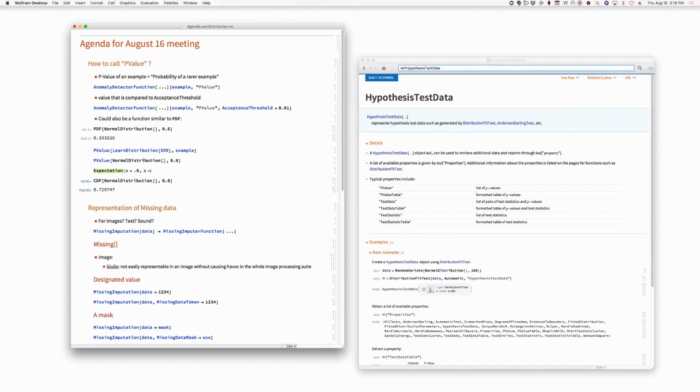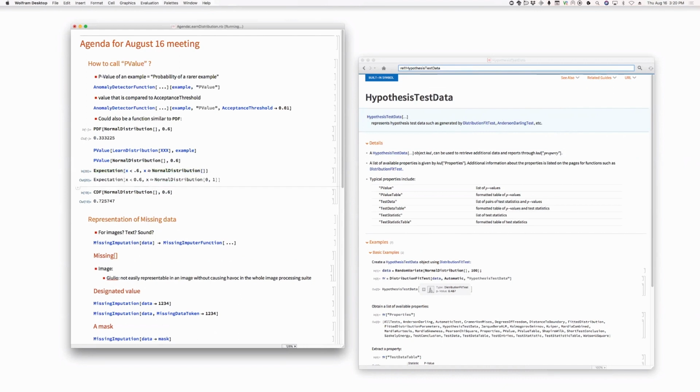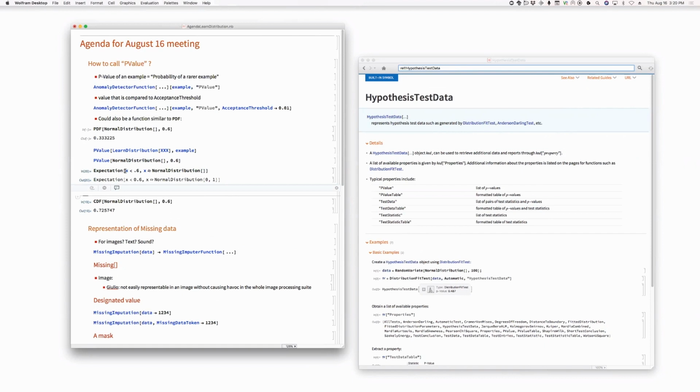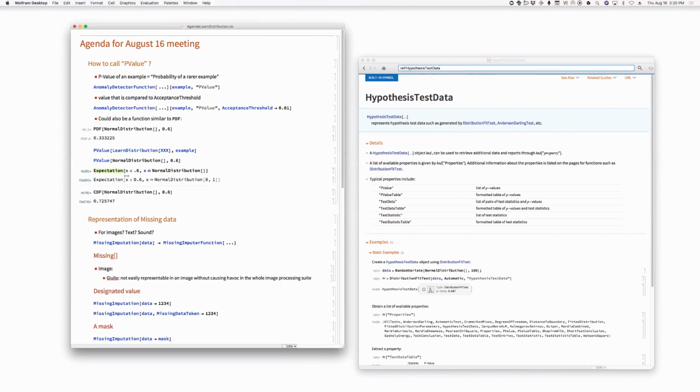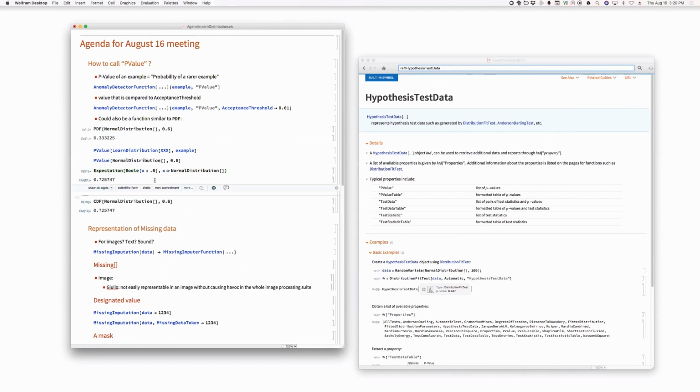It's an expectation of the PDF of x below the PDF of 0.6. That's the same thing, isn't it? No. Here you just integrate from 0.6 to minus infinity. Ours, you integrate over the parts where the PDF is lower.